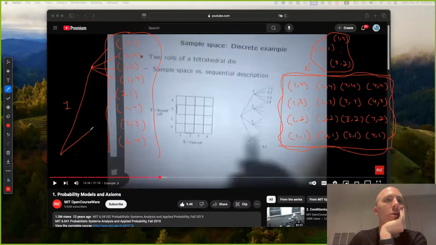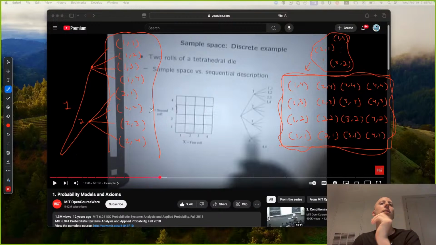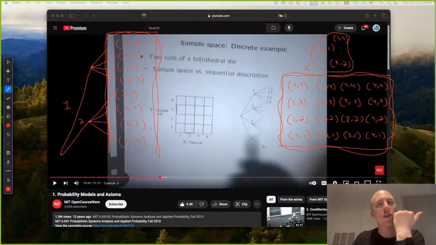And then maybe we roll a 2 first, and then on the second roll, we roll a 1, a 2, a 3, and then a 4. So this is another way to view the sample space. I guess we could also do it as a grid, like a rectangle instead of a blob, because it is more structured. We just arrange them in a list like this.